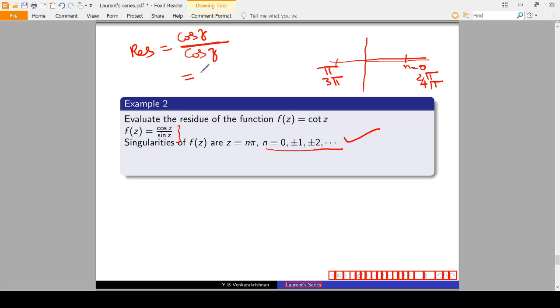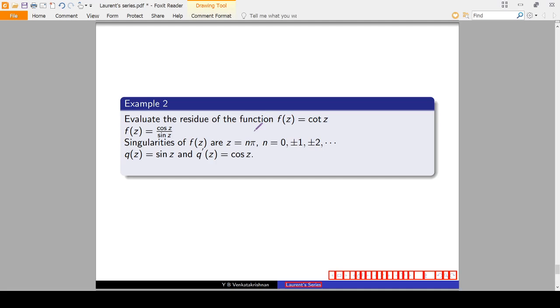So whatever be the residue, whatever be the singularity, cos z by cos z will become 1. So in this case, residue of f of z equal to cot z is always 1. Here q dash of z is cos z, and residue of f of z, namely cos z by cos z, will also be 1.